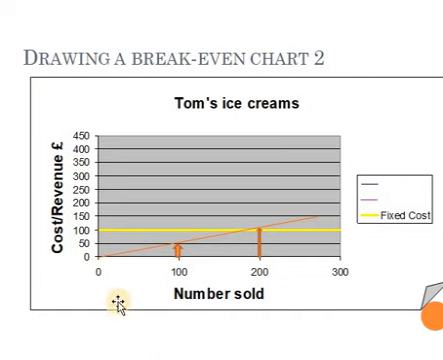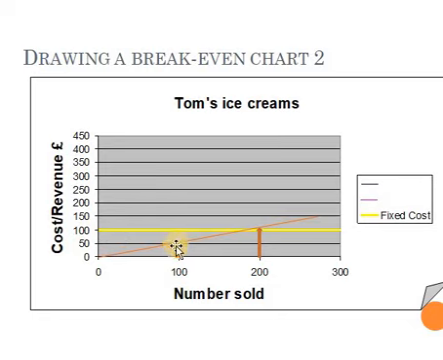So if he's not going to sell any ice cream, this means that the variable cost line will begin from point 0. However, if he gets the chance to sell 100 units times $0.5, this is $50 as a cost.